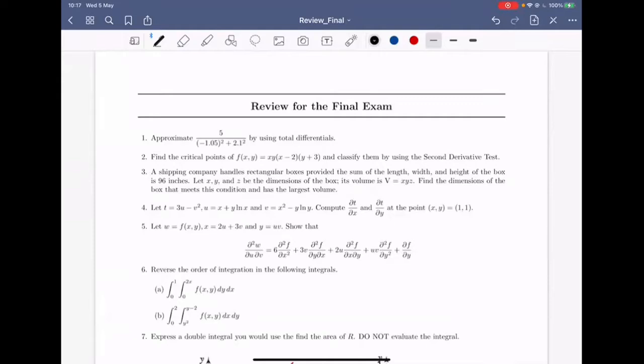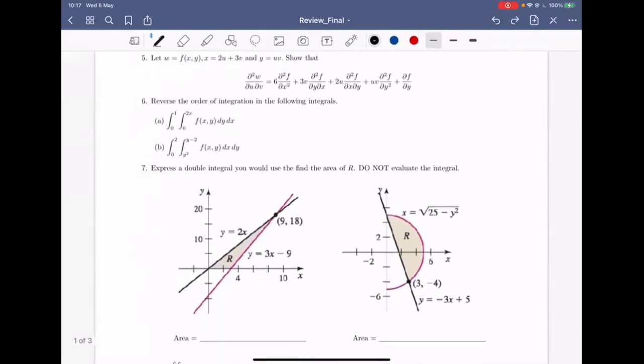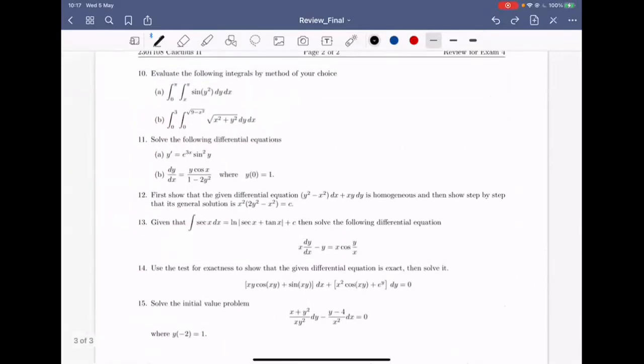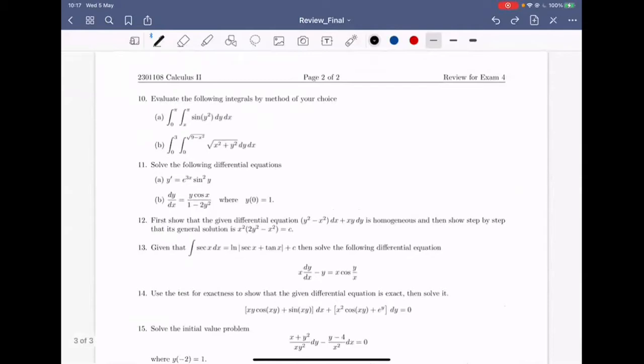Questions 1 to 5 are from the differentiation chapter, questions 6 to 10 are from the integration chapter, and questions 11 to 15 are from the differential equation chapter. Which one do you want to do first? Type in the chat, please, everyone. I will count the votes soon.